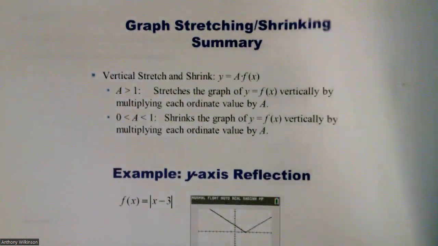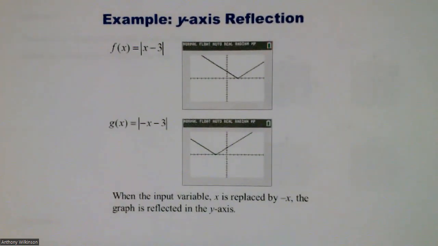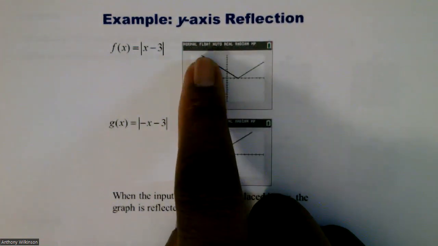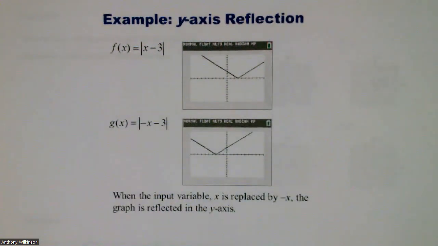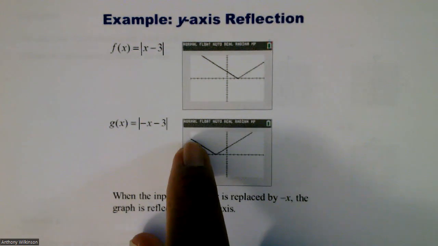Okay, now let's talk about reflection. Let's go into more detail about that. Let's say we got f of x equals the absolute value of x minus 3. So if you were to do this in the calculator, this is what the graph would look like. And then for g of x equal to the absolute value of -x minus 3, here's what that graph looks like.